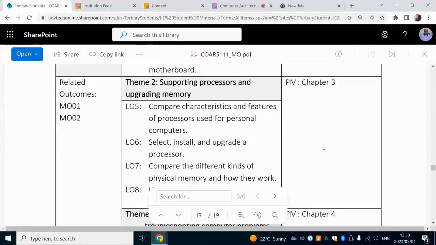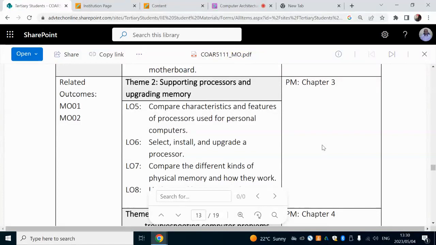Select, install, upgrade a processor. Different processors fit on different motherboards according to the socket type on the motherboard. Now Intel, you get Core 3, Core 5, i7, i5, i3, i9.